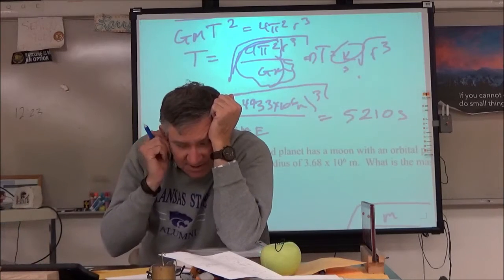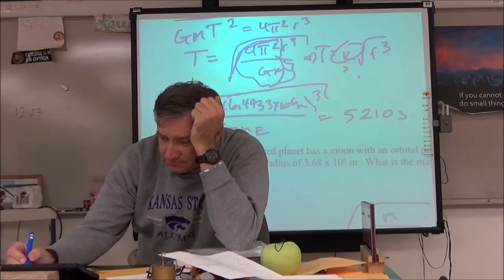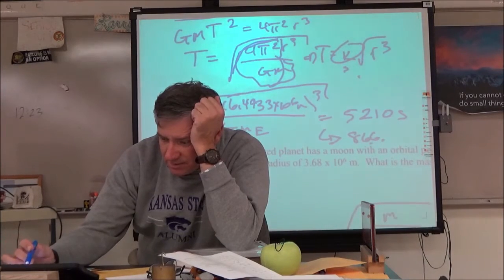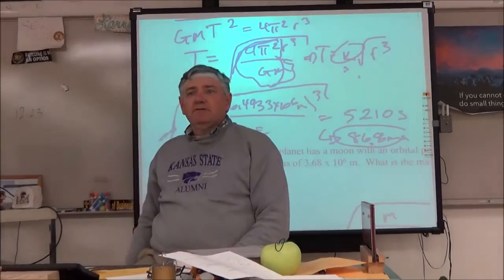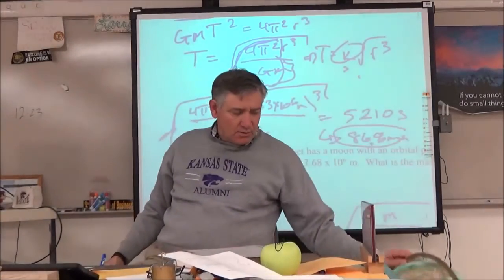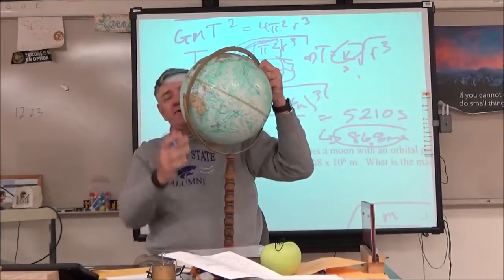Now divide that by 60. 86.8 minutes. So that's about an hour and a half. So if you're in a near Earth orbit, it takes about an hour and a half to go around.